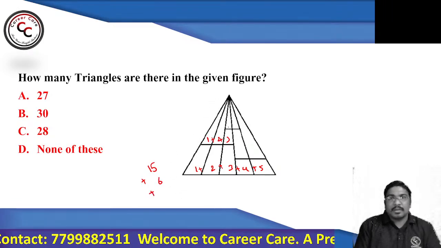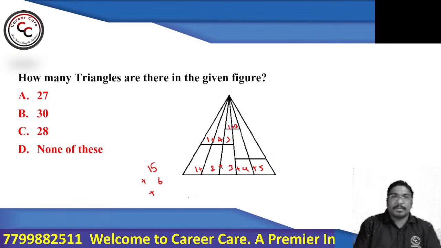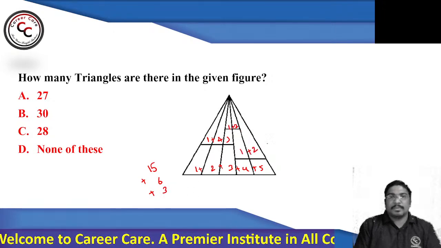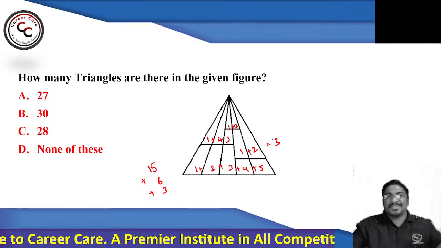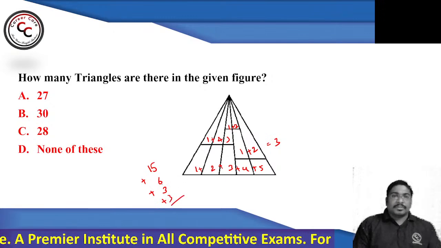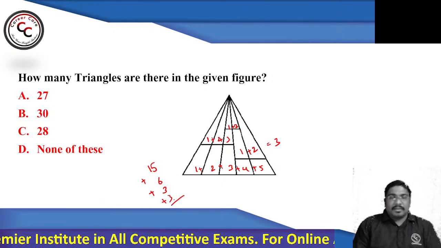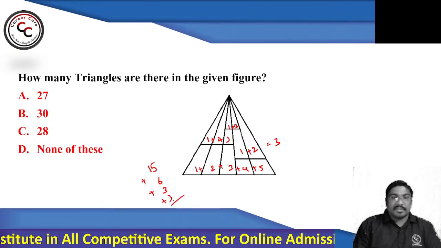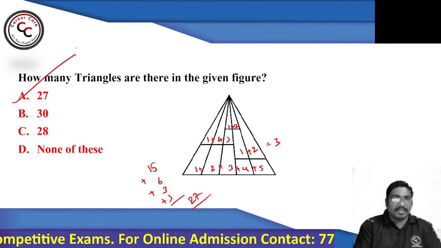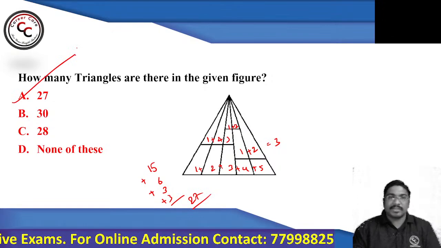Plus 1, 2: 1 plus 2, 3. Similarly, 1, 2: 1 plus 2, 3. Here if you see, the section is not uniform, right? So 6 plus 3, 9, 9 plus 3, 12. 12 plus 15, 27. So the answer for this particular question is option number A, 27.